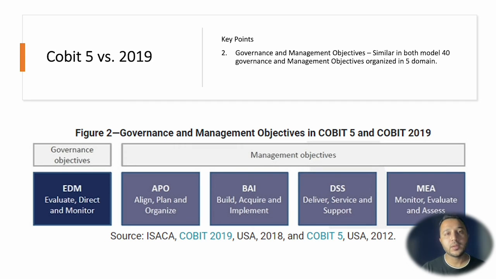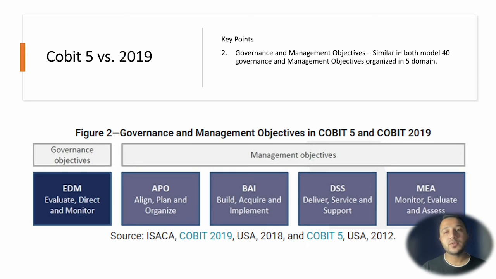Another key element that has been taken into account in Cobit 2019 was to increase the governance and management objectives. When you look at the governance, the Cobit framework has defined what the objectives are from the governance aspect that you have to assure from the IT activities, and what the management related activities are, which are more related to process level objectives that you have to achieve in terms of governance.